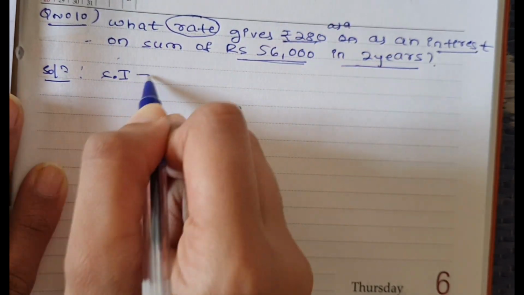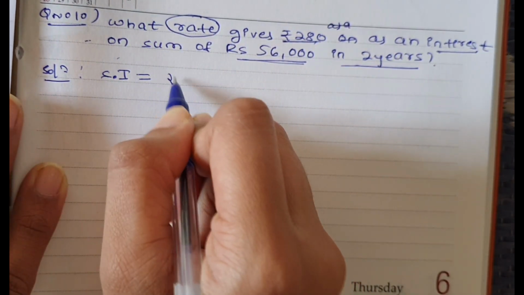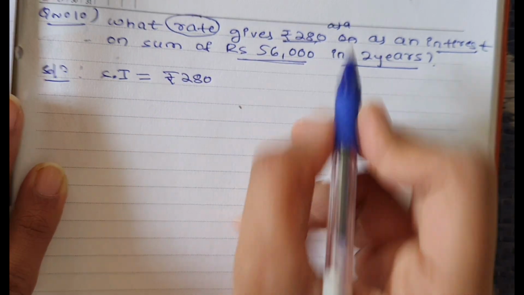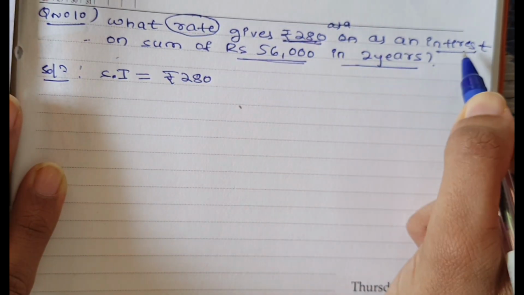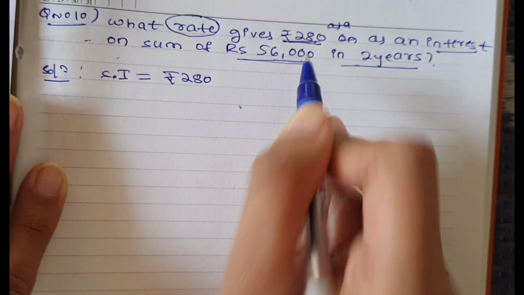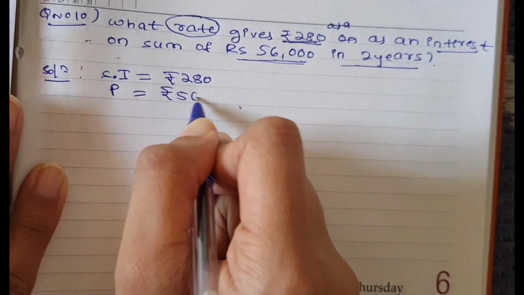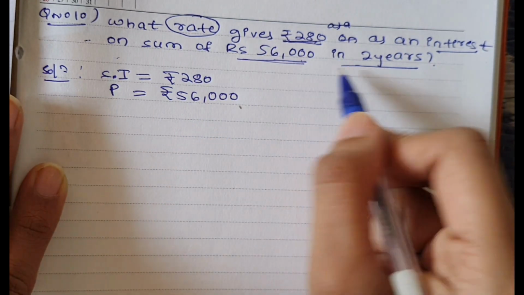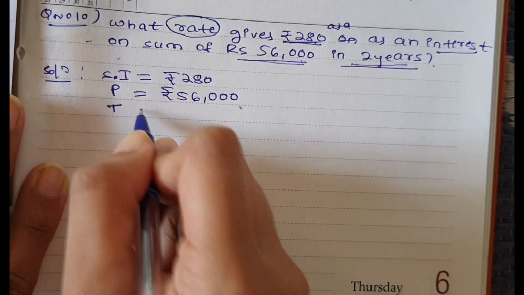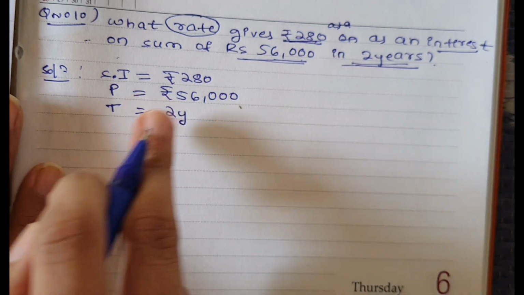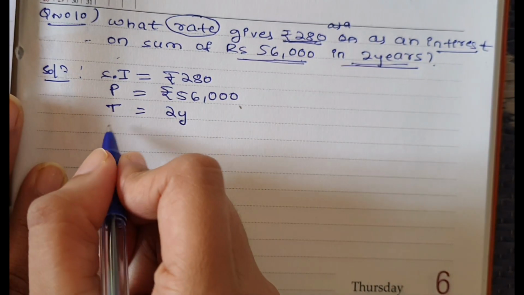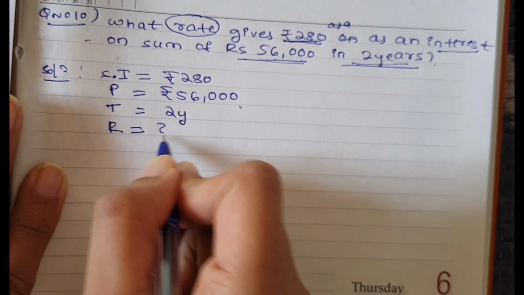Simple interest is rupees 280. Sum of rupees 56,000 means this is a principal amount, and in 2 years, this is the time period. Time period is equal to 2 years. We have to find the rate. Rate is how much?